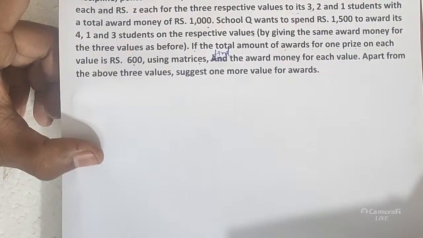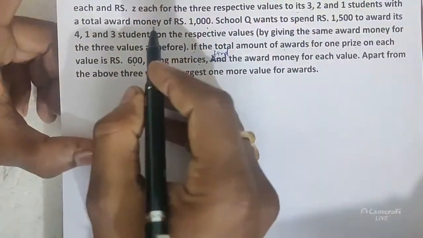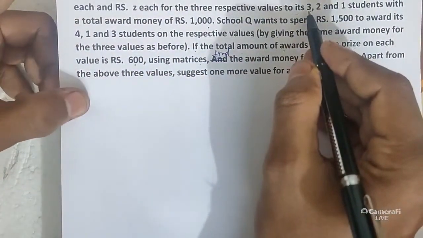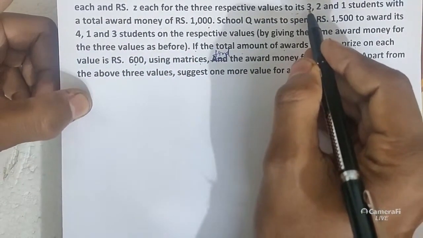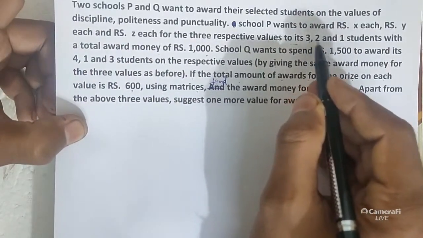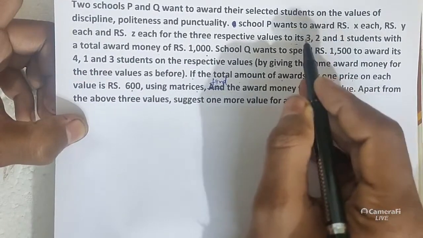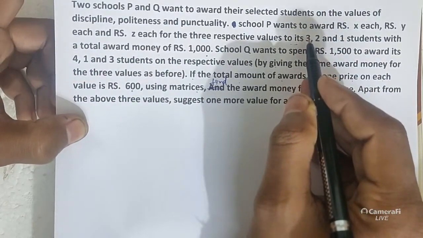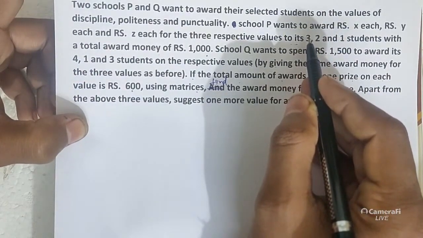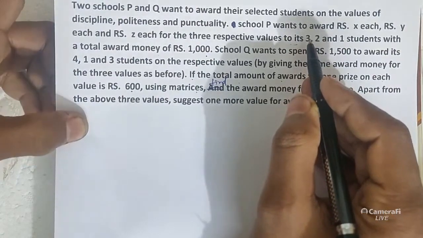First you have to form the equations. So what will be the first equation? Here we are giving 3 students, 2 students and 1 student: 3 for discipline, 2 for politeness and 1 for punctuality.